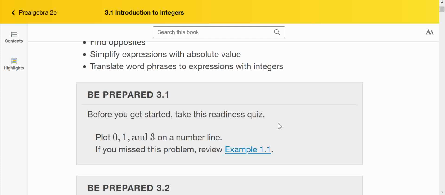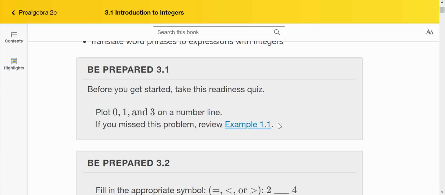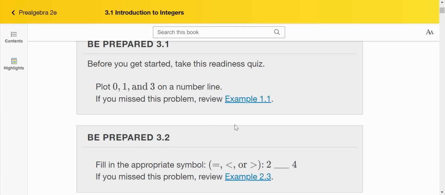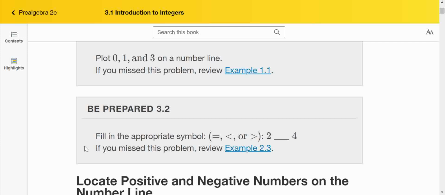Be prepared 3.1. Before you get started, take this readiness quiz. Plot 0, 1, and 3 on a number line. If you miss this problem, review example 1.1. Be prepared 3.2.